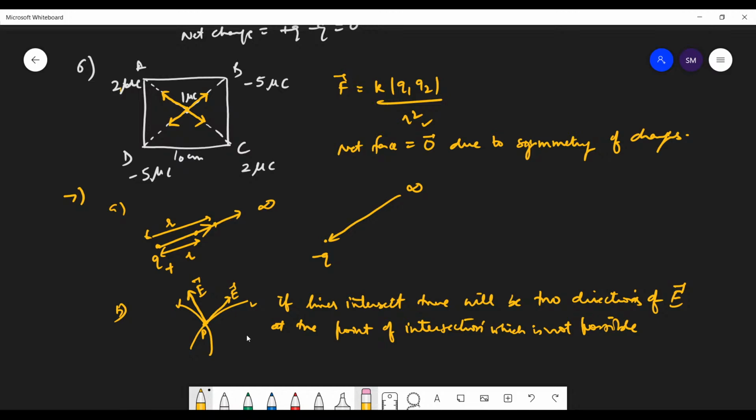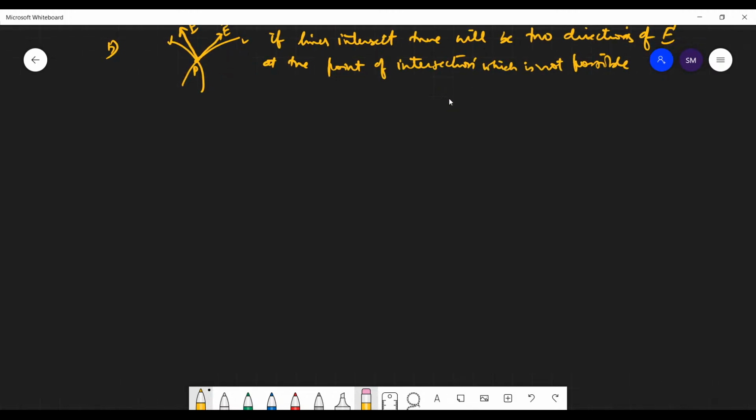Now we have question number 8 of the exercise. Two point charges, QA and QB, are located 20 centimeters apart in vacuum. Find the electric field at the midpoint of the line AB joining the two charges.